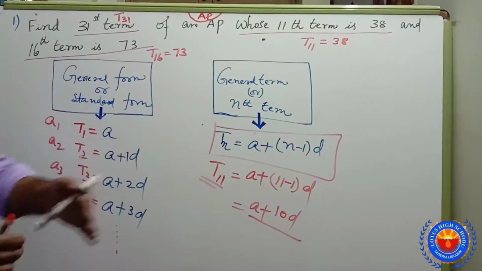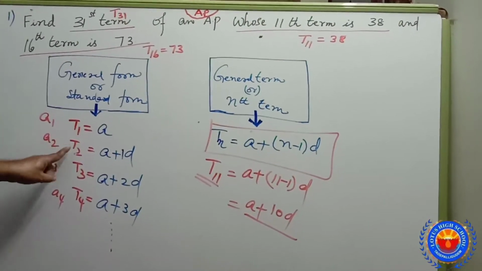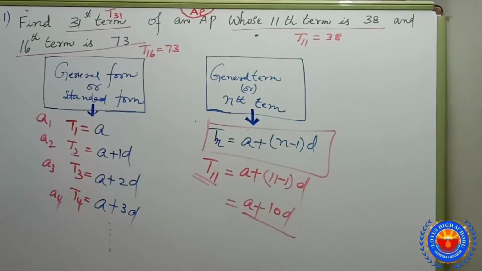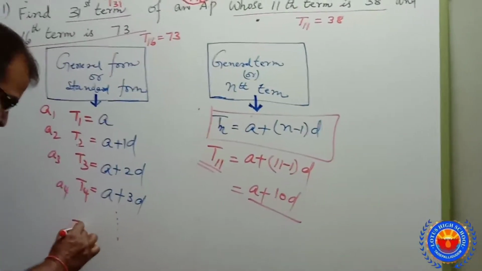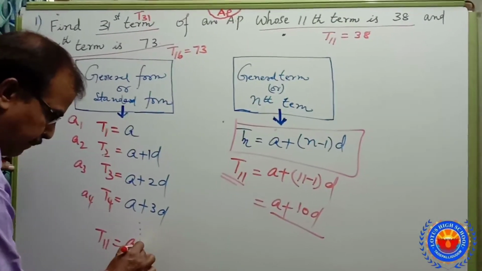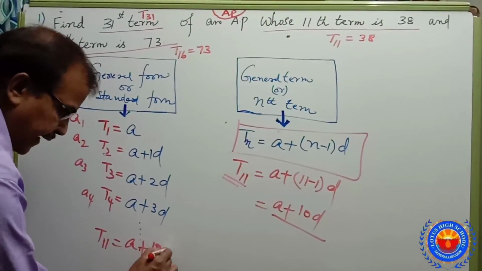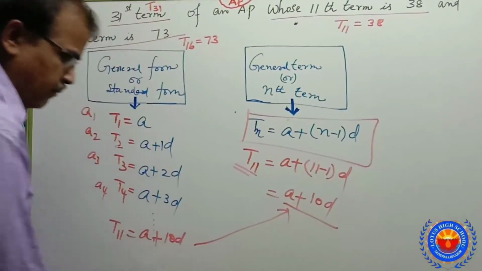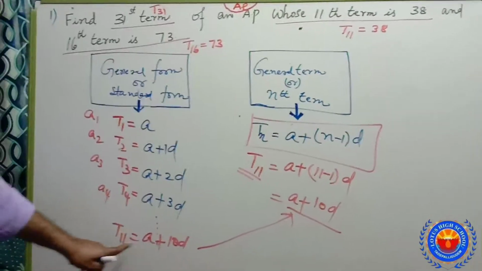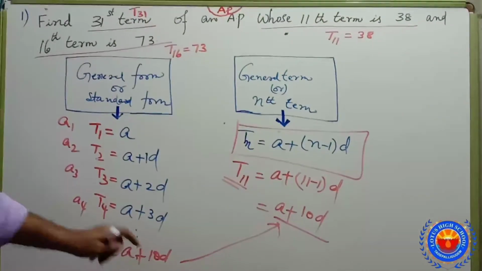No need to use this formula; directly we can write T1, T2, T3, T4. For T11, you can write a plus 10d. Either you can use this formula or directly write T11 is equal to a plus 10d.